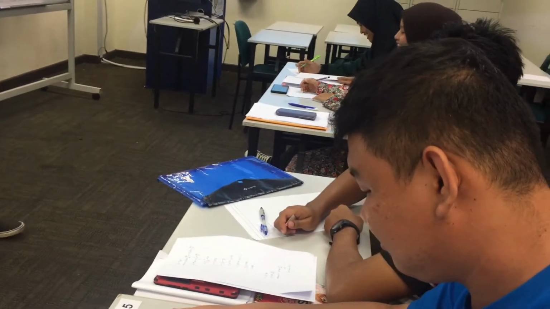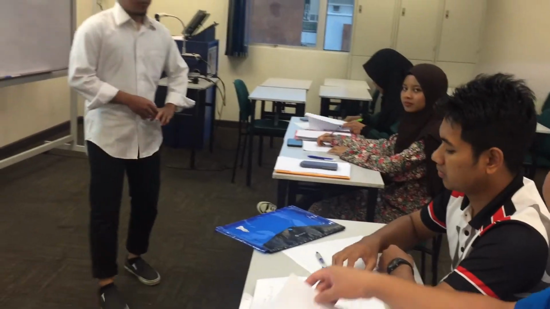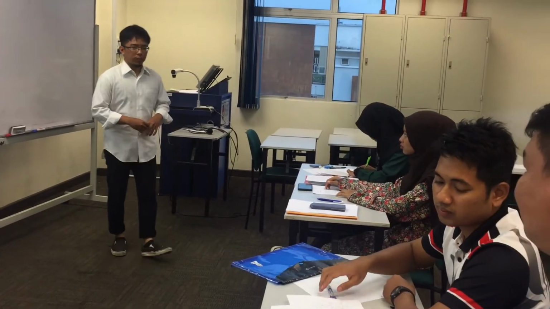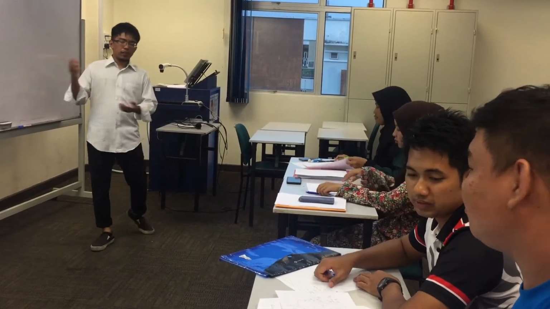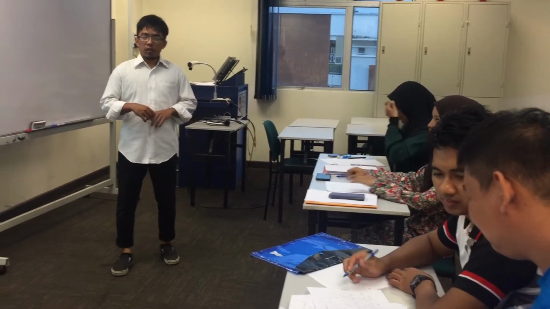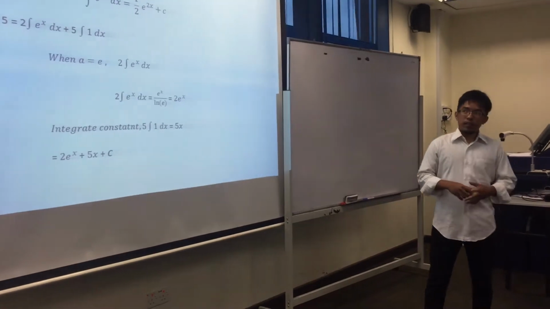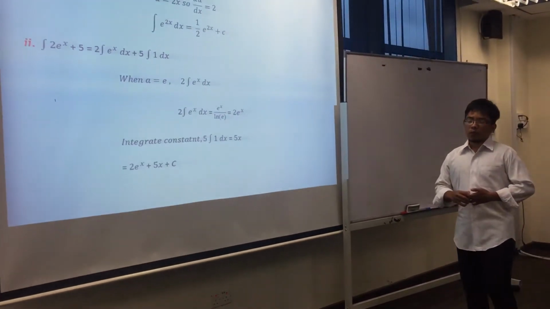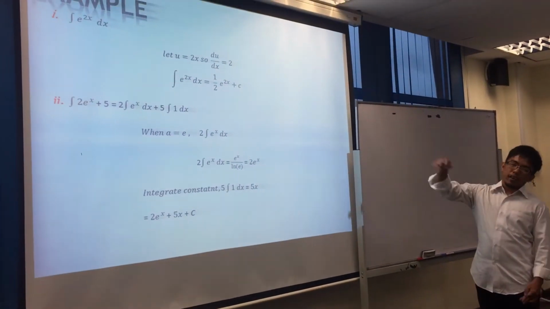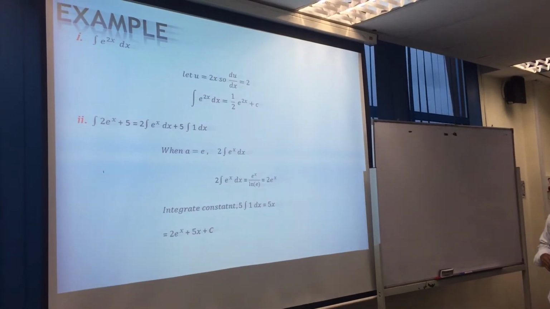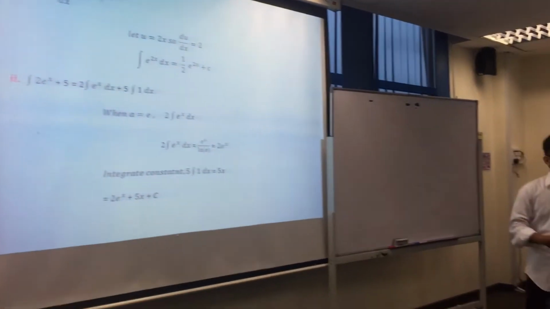So, I will proceed with the lecture where I provide you with two examples. In the slide, I provide you with two examples. The first example is an indefinite integral of the two parts, as you can see above. What is an indefinite integral?